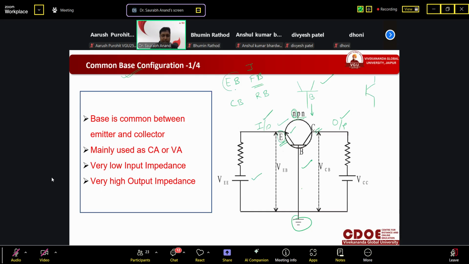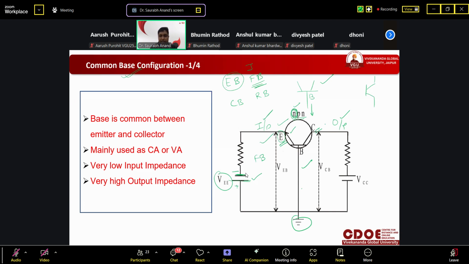To make the emitter base junction forward bias, the emitter is N type, so it should be connected with negative. You can see that this is negative, this is positive. So this battery is making this junction forward bias.